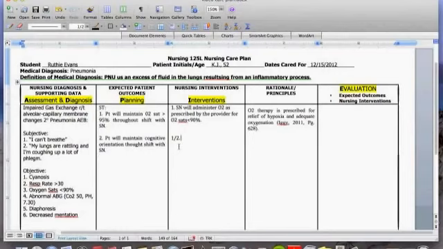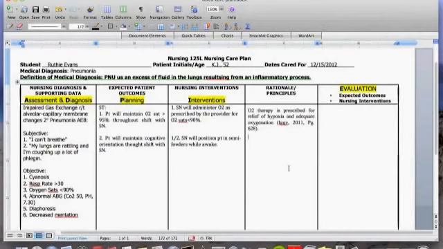But we also are going to say student nurse will position patient in semi-Fowler's while awake.